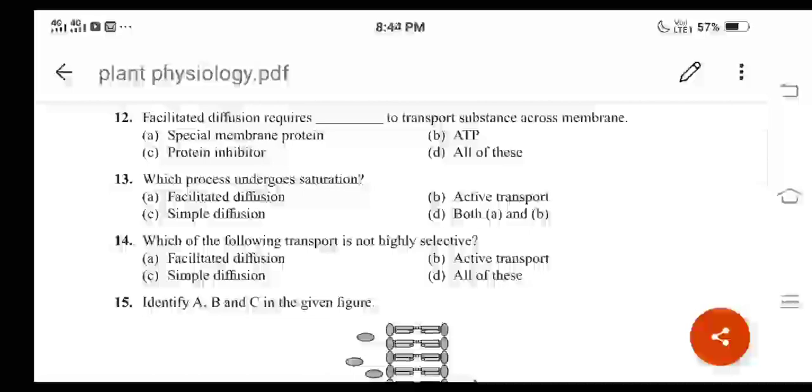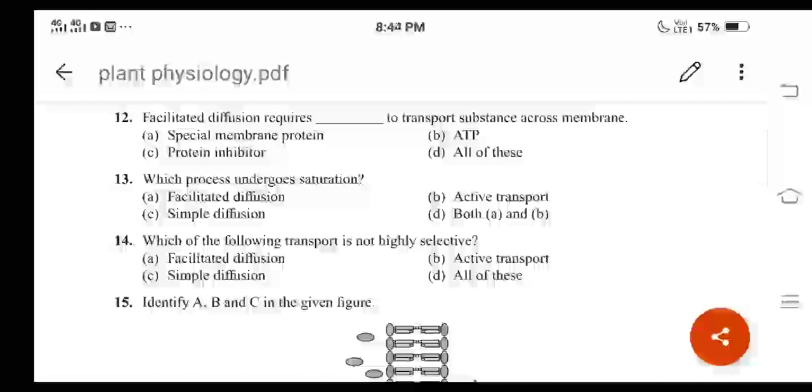Even in facilitated diffusion as well as in active transport, the protein transporters will be saturated. The process will occur till the transport proteins are saturated. We already studied this concept, right? So for question number 13, option D becomes the correct answer. Then question number 14.